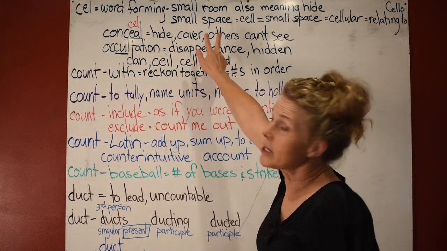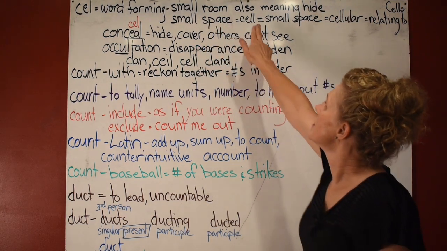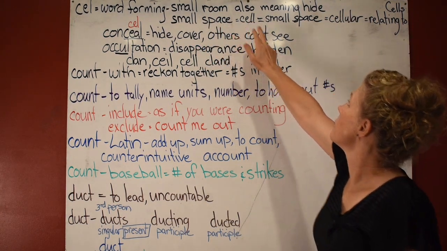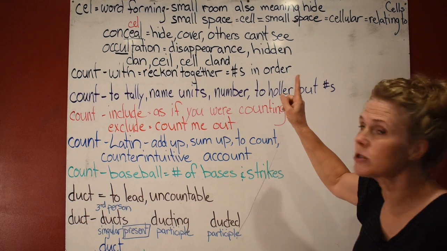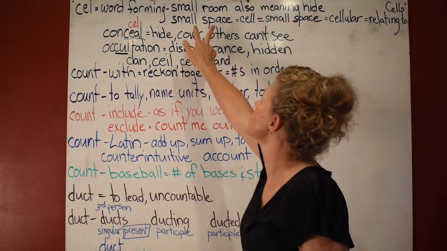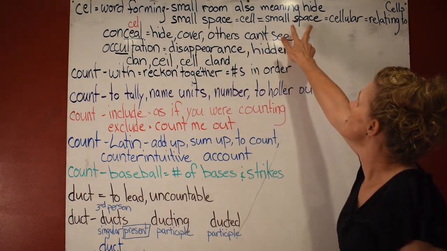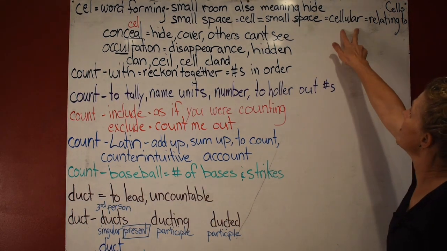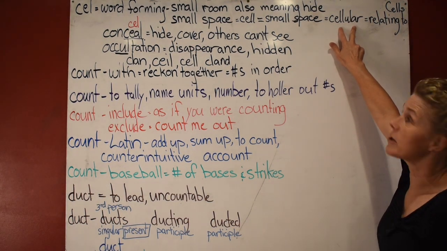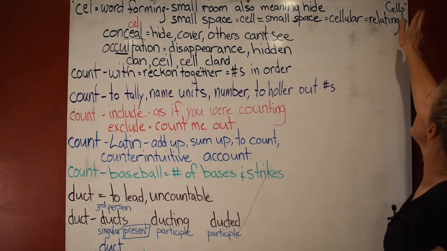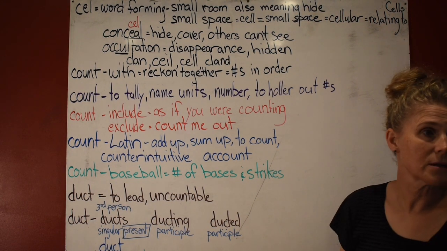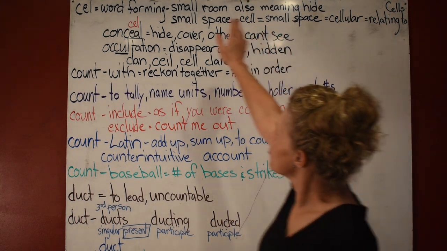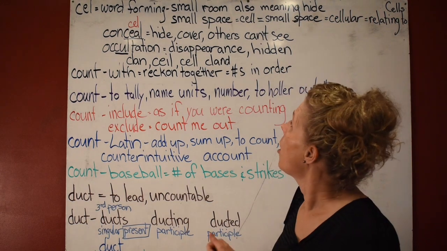Also, look at this. Small space equals cell, which equals a small space. I want you guys to remember that. Cel, small space, cell, small space. Like, for instance, cellular, relating to our cells. It's small. So remember that that's what that means.